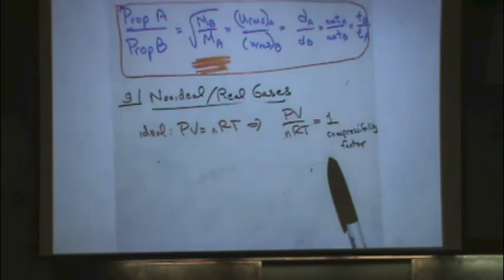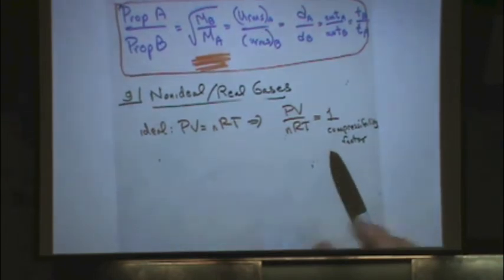There's a couple of things listed on page 48 of the reader. For example, if there's actually attraction towards each other, that'll change the pressure. And if they're taking up volume, that'll change the volume a little bit.